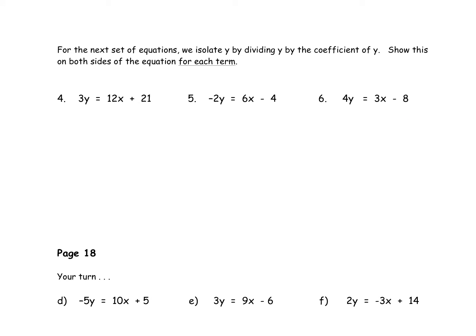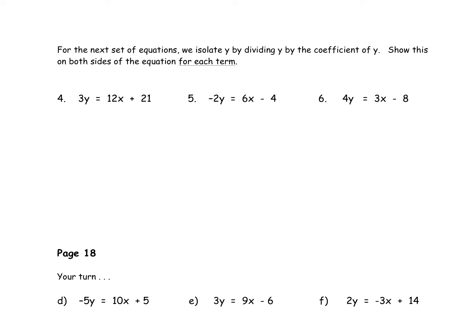For this next set of equations, we need to isolate y by dividing by the coefficient of y, whatever number they give us next to y. And we have to show this on both sides of the equation for each term. So this is something that more than likely will be a little bit new to you. When we divide on one side of the equation, we have to divide everything on the other side of the equation.